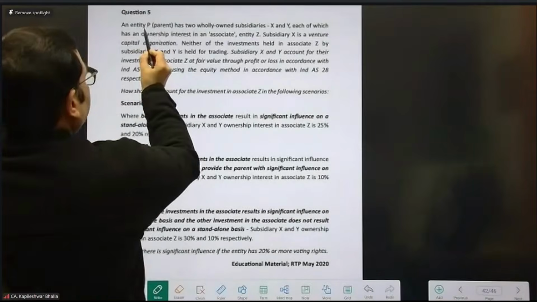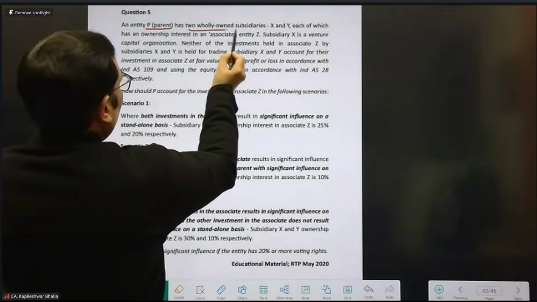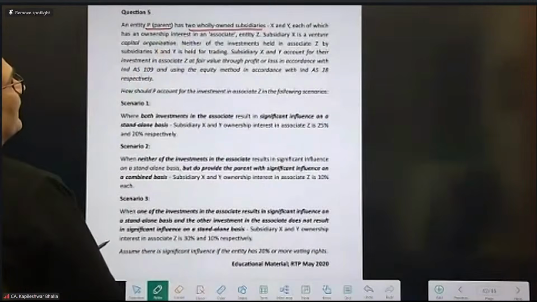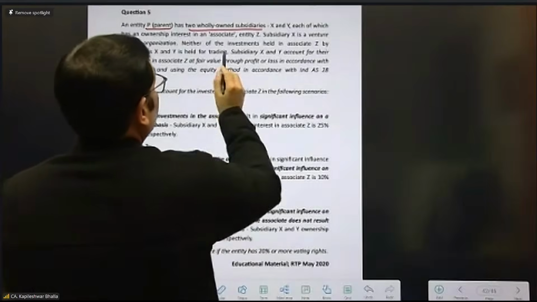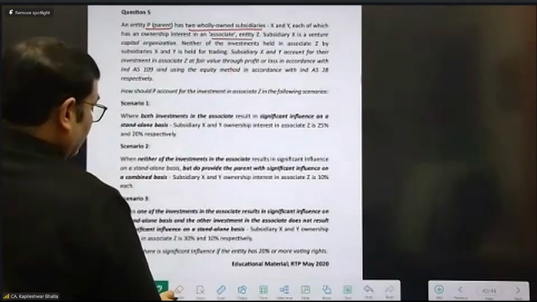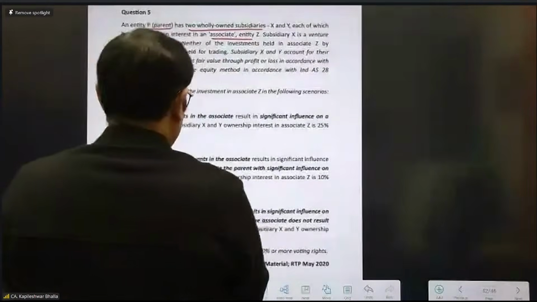It says entity P is the parent. It has two wholly owned subsidiaries, X and Y, each of which has ownership interest in the associate Z. Let's visualize the diagrammatic view.